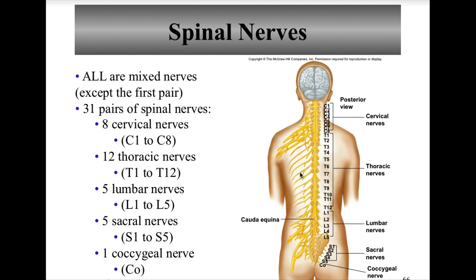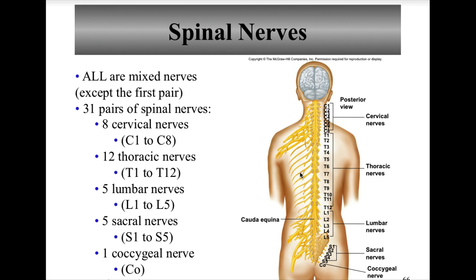All right, the spinal nerves. As far as spinal nerves are, recall that a spinal nerve is formed from the fusion of dorsal and ventral root. The spinal nerve passes through its intervertebral foramen. The spinal nerves are associated with the spinal cord and are named for the region of the spinal cord from which they arise.